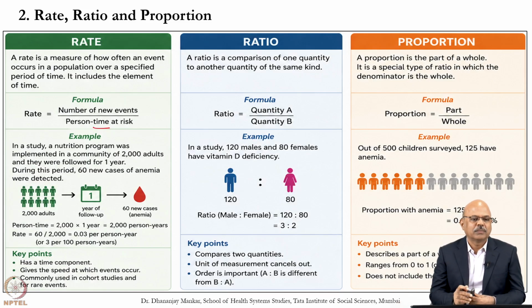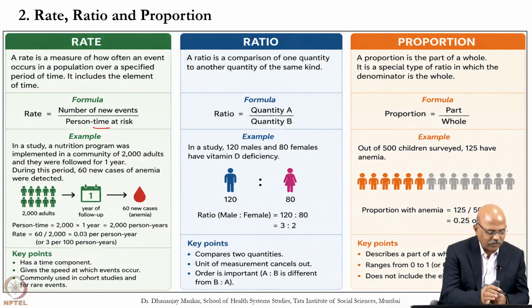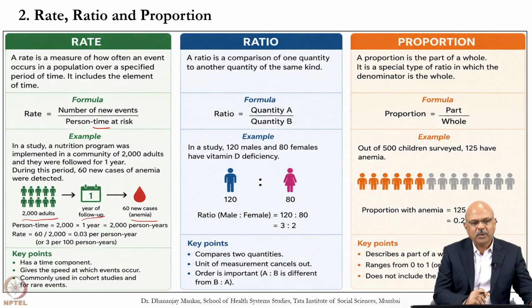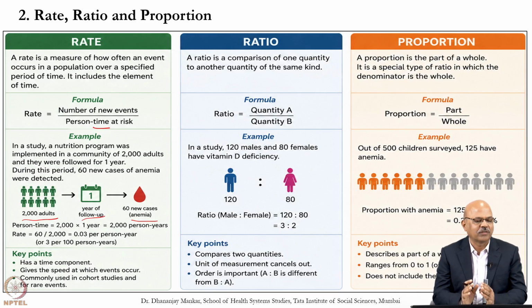For example, in a study, a nutrition program was implemented in a community of 2000 adults and they were followed for 1 year. During this period, 60 new cases of anemia were detected. So the person-time is 2000 into 1 year, that is 2000 person-years.